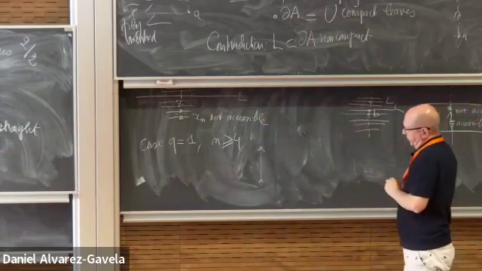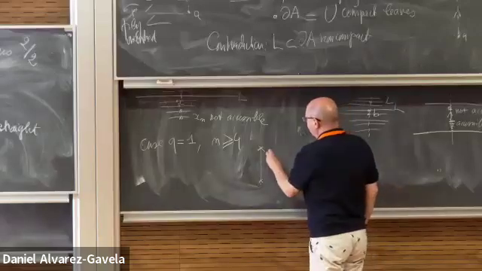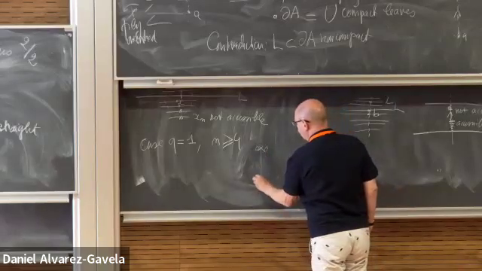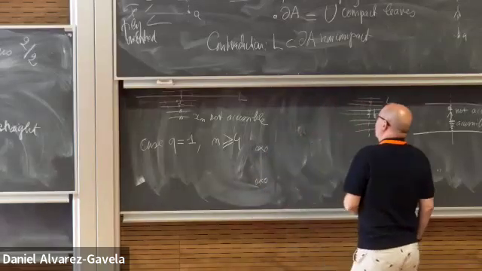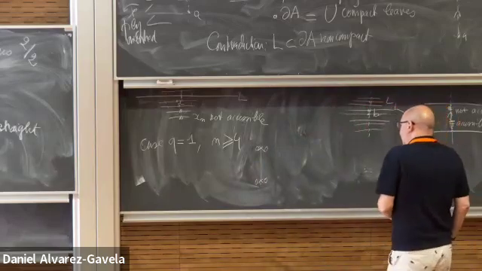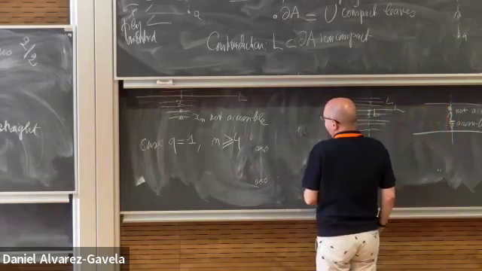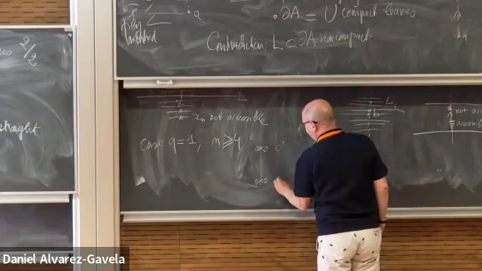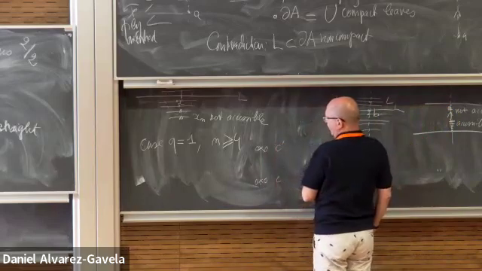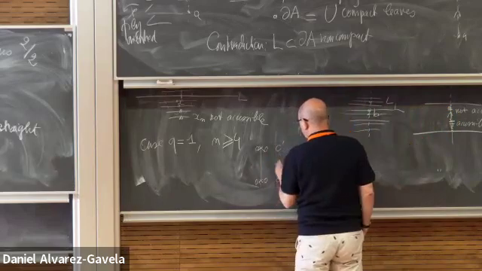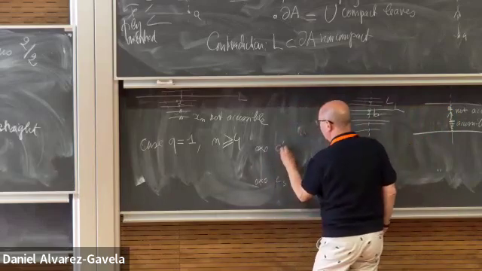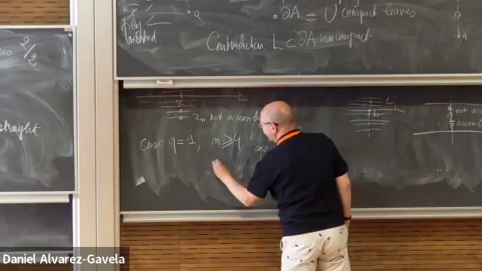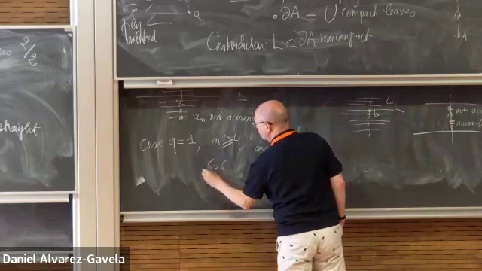We get wrinkles of codimension 1, so there are now pairs of critical points, pairs of singularities of some index S and S plus 1, with S between 0 and n minus 1.